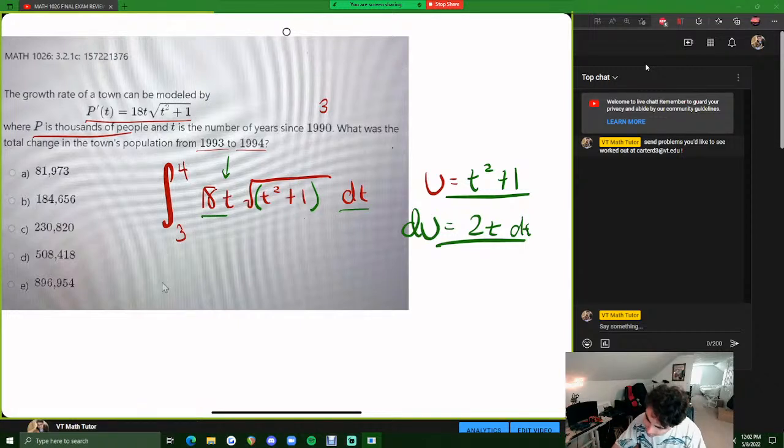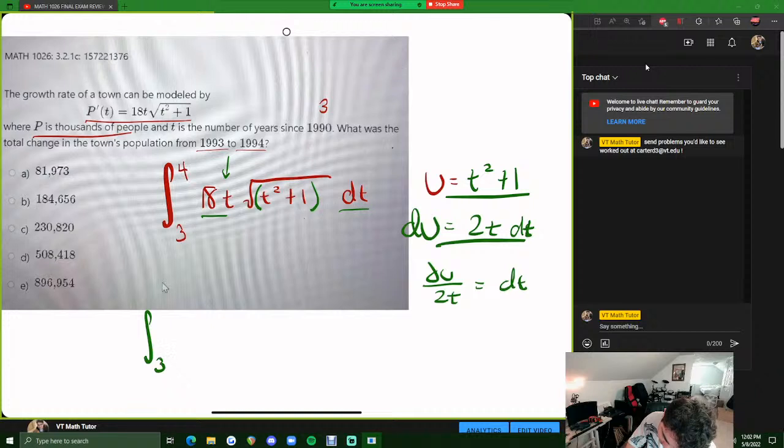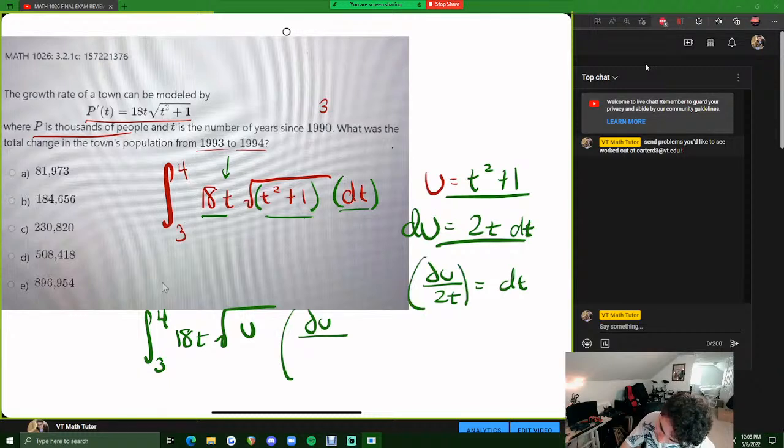Once we find our du as 2t dt, we can solve for dt by dividing by 2t on both sides, and this allows us to perform a direct substitution. So we can leave the 18t, but in place of t squared plus 1, put our u, and in place of dt, we cannot forget to substitute in du over 2t.